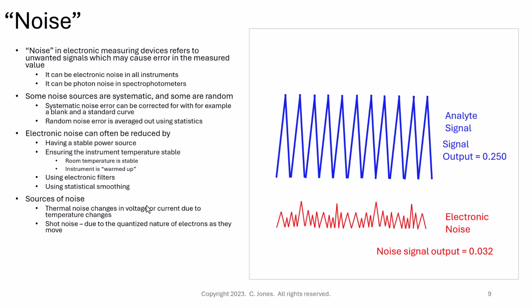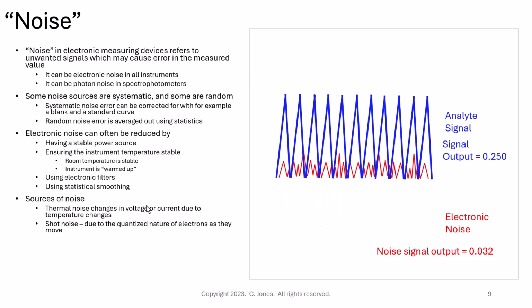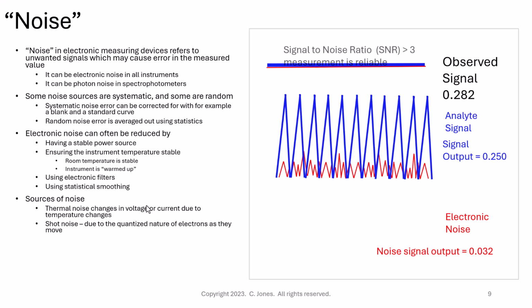So what you really see in the readout is the electronic noise plus the signal output from the analyte. Okay, so the whole output that you see is going to be 0.282, but happily, most of that signal is due to the analyte.